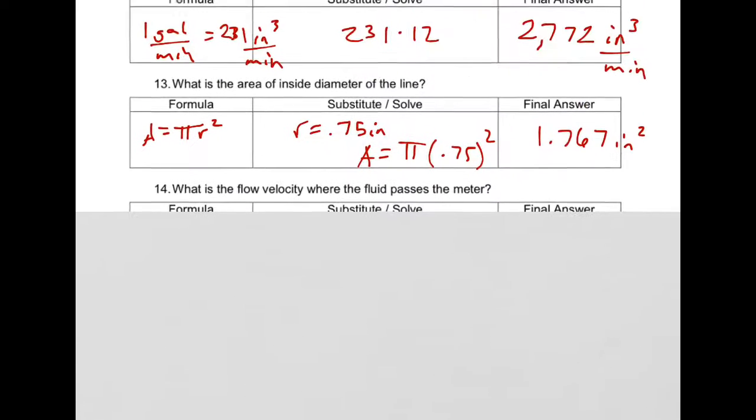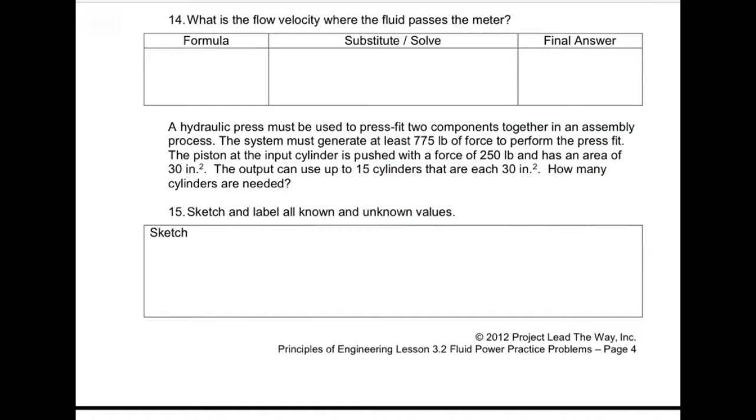Moving on to number 14. It says, what is the flow velocity where the fluid passes the meter? We have an equation for that. The flow rate equals the flow velocity times the cross-sectional area of the pipe.